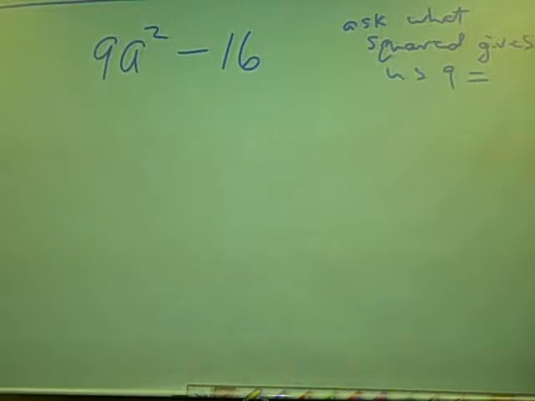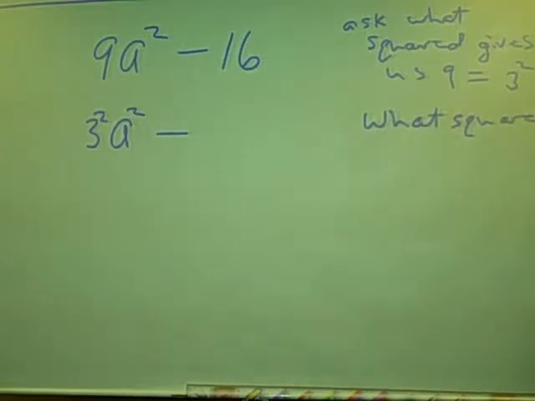Well, what squared gives us 9? 3, right? 3 squared. So this would be 3 squared, a squared, minus, and then ask what squared gives us 16? 4. Yeah, 4 squared. So with that, we can take all our bases and put them in.